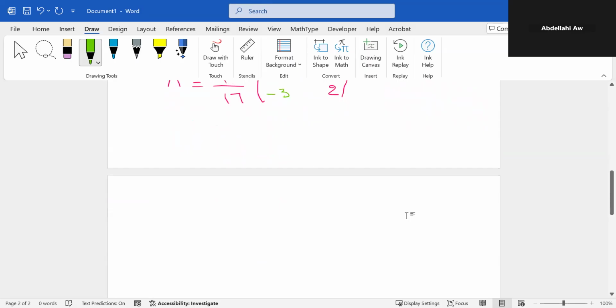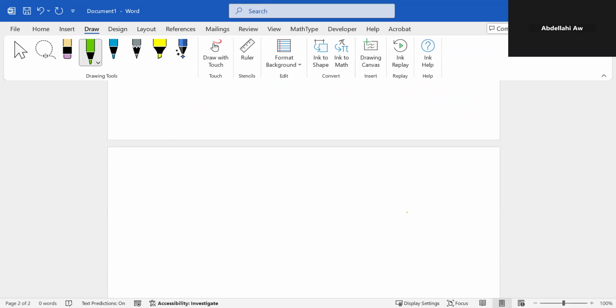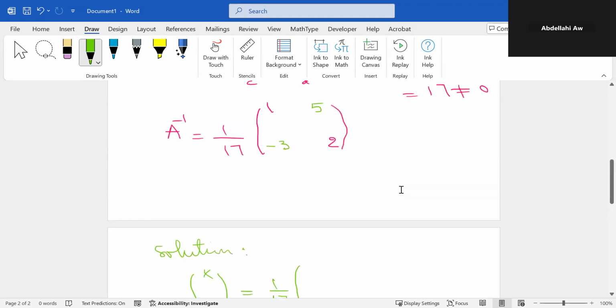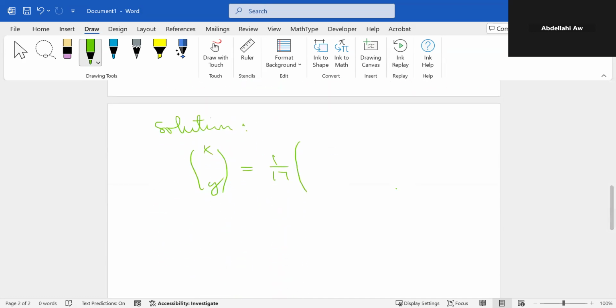So all I have to do is multiply this matrix by the matrix B. So what is the solution? The solution, x y, equals A minus 1, which is 1 over 17 times 1, 5, negative 3, 2, multiplied by negative 1, 7, right?